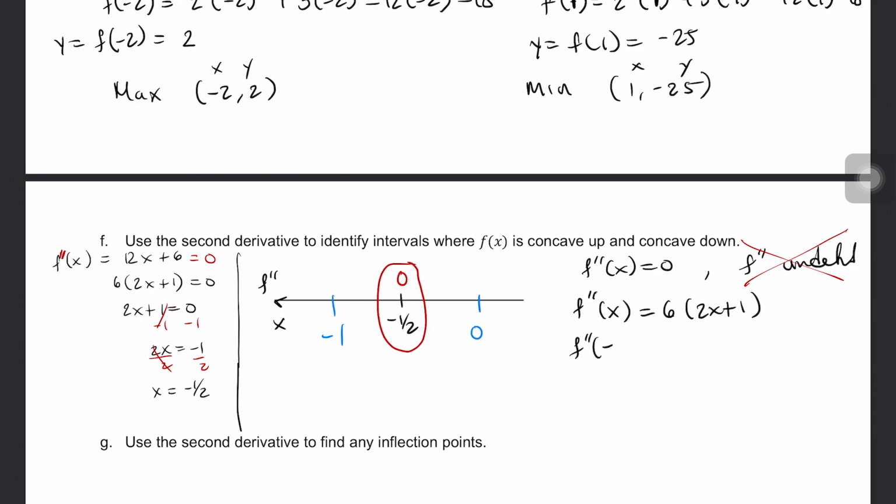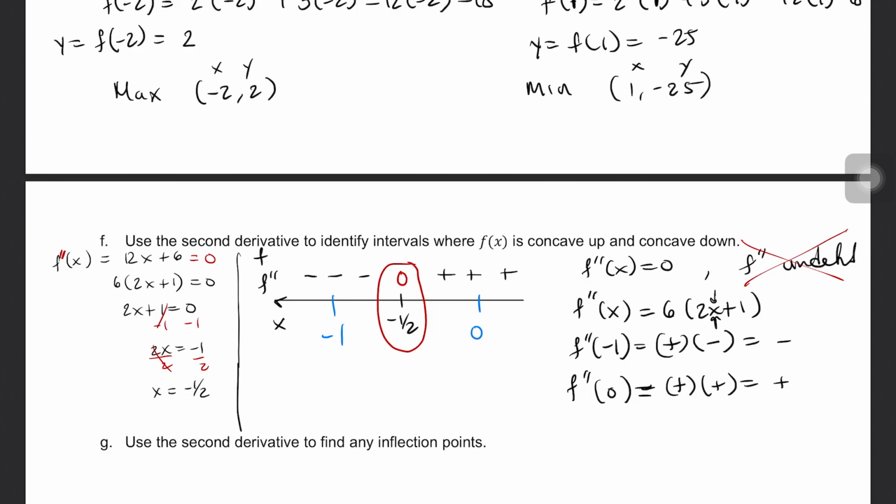When you plug in negative 1, we get negative 2. Negative 2 plus 1 is a negative number, so that gives us a negative number. When you plug in 0, we get positive, and then 0 times 2 is 0, so plus 1 is positive. Right, so I'm just figuring out what is the sign value. Again, that's all we need to know, right? We just need to know whether this is positive or negative, so we end up having negative and positive here.